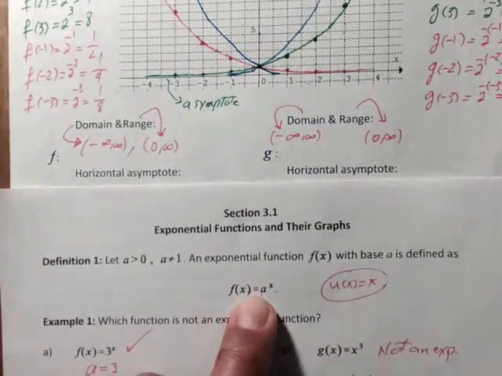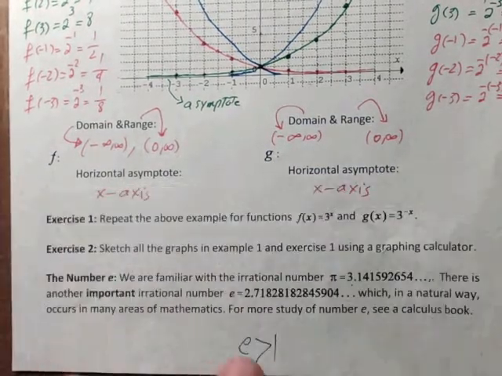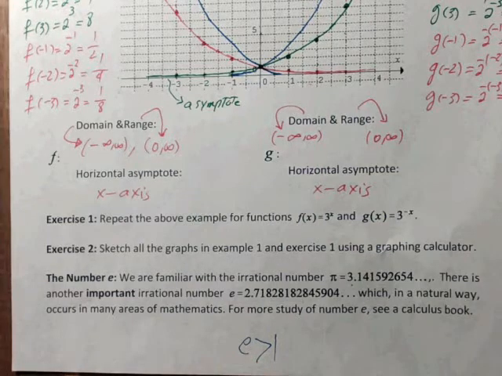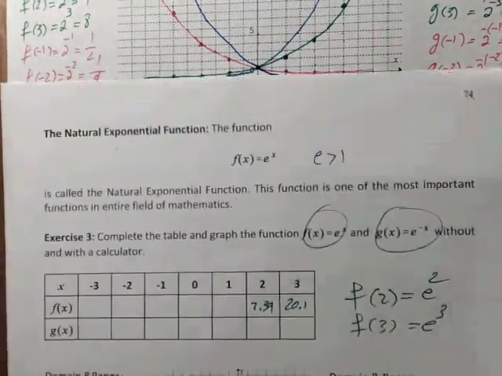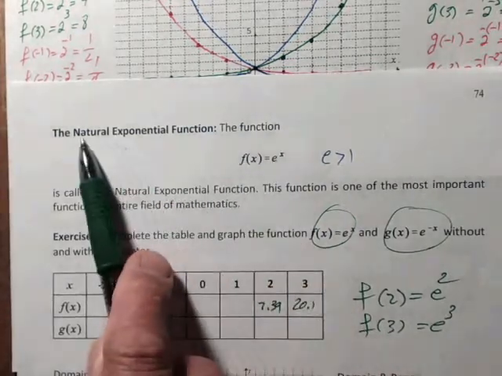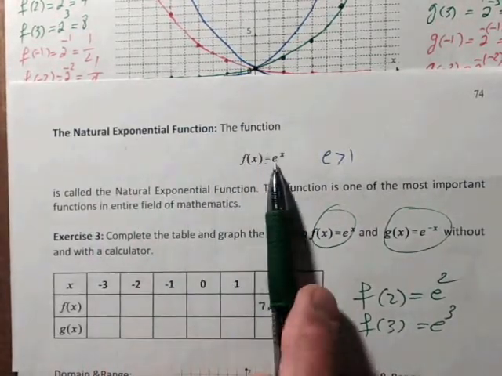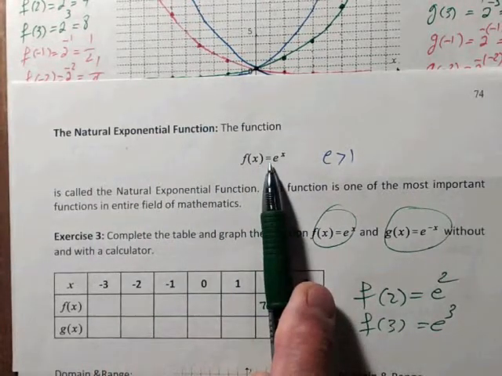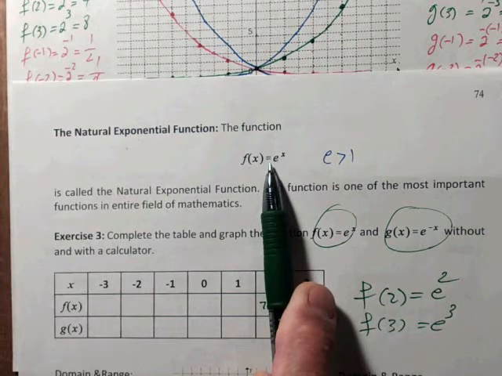If I replace this a by e, I get a new exponential function, e to the power x, called the natural exponential function. And this is the most important function in the entire mathematics.